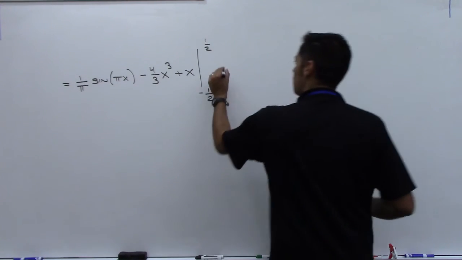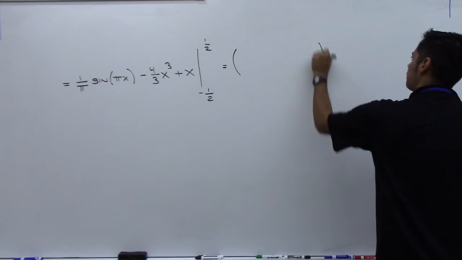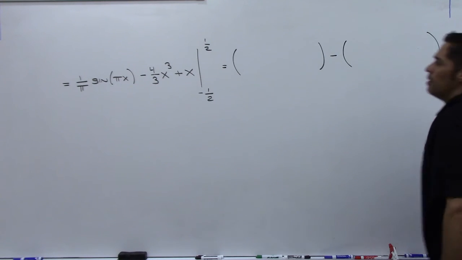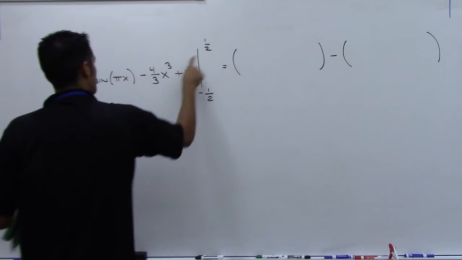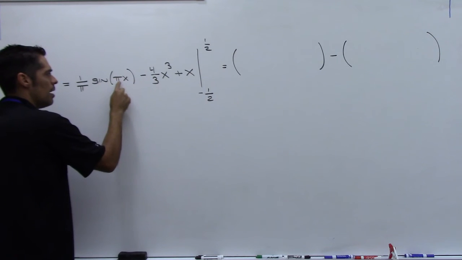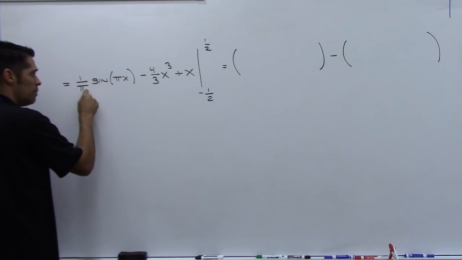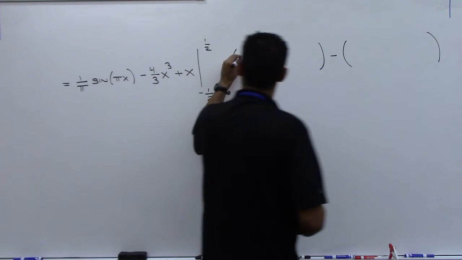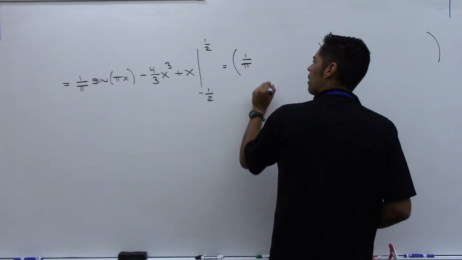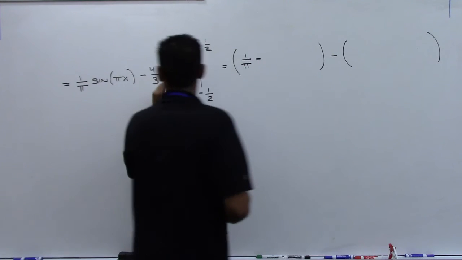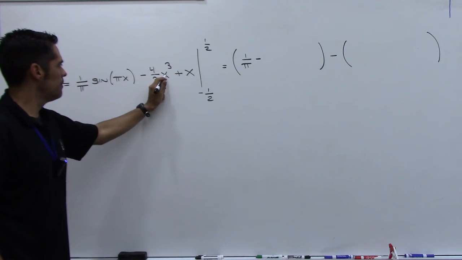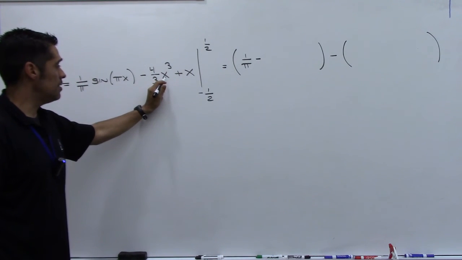Okay, so let me first plug in 1/2, then -1/2. So if I plug in 1/2 right here, I get pi over 2. Sine of pi over 2 is 1. So I'm going to get 1 over pi times 1, which is just 1 over pi, minus, now what happens when I plug in a half into here? 1/2 times 1/2 times 1/2 is 1/8.